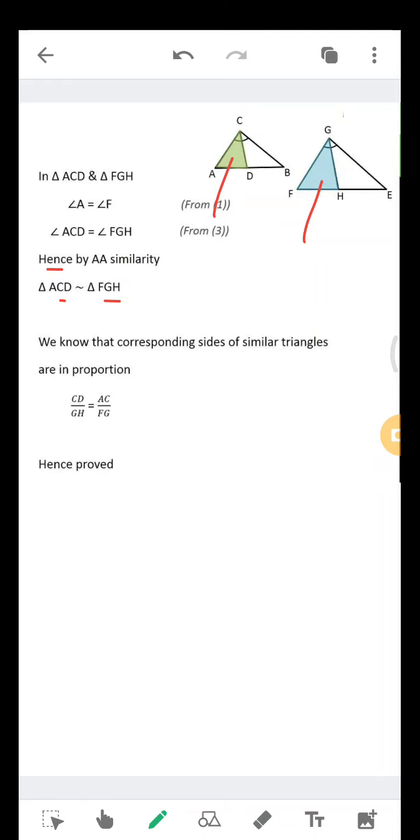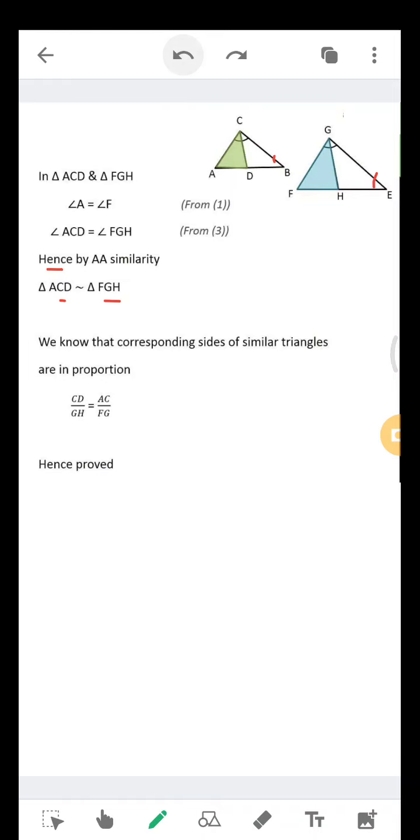Like we proved these two triangles are similar, ACD and FGH, in the same way we can prove the other parts are also similar, like BCD and EGH. Like these two are similar, these two will also be similar. Just here we took angle A and F, in the other part we will take angle B equal to E and half of these angles.